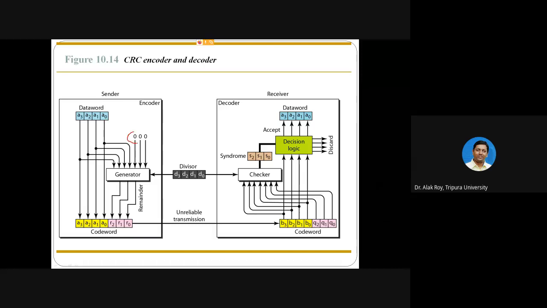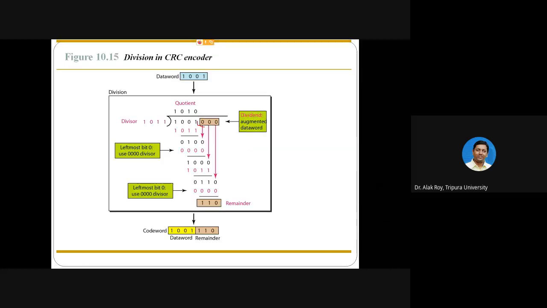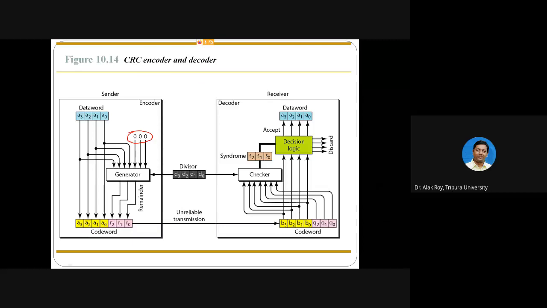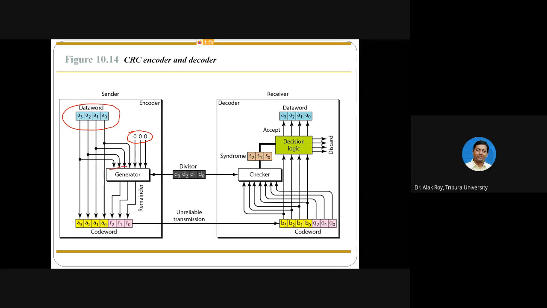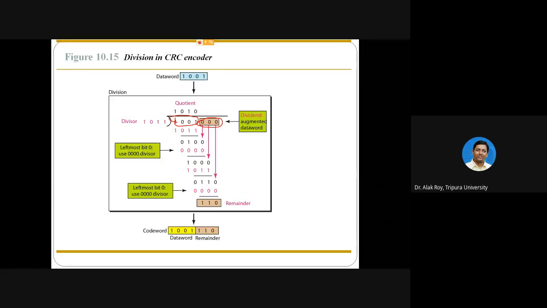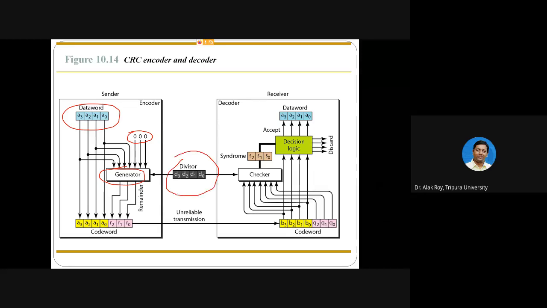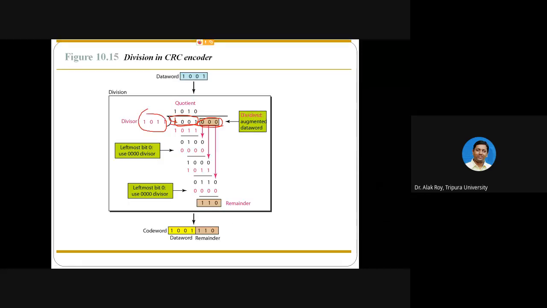See, this bit stream is the same as this bit stream, and this data word A3, A2, A1, A0 is this bit stream. That's why the generator gets this as input, and the divisor is this divisor.